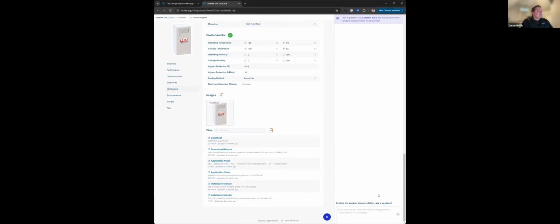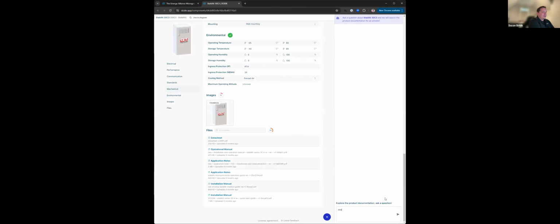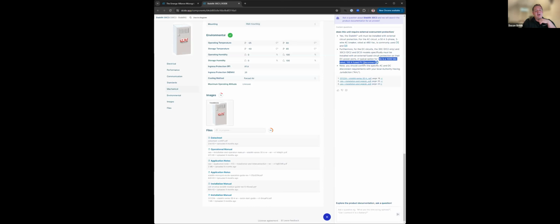As you're making your design decisions in this other tab, which is just a single line diagram, my first question typically would be something like, does this unit require external overcurrent protection? Typically you would have to read through various manuals, but we put it at your fingertips and the AI can answer: yes, this unit requires a 50 amp 3-phase, 3-wire AC breaker on the AC side. And on the DC side, it's a 1,000-volt DC 100 amp fuse breaker.